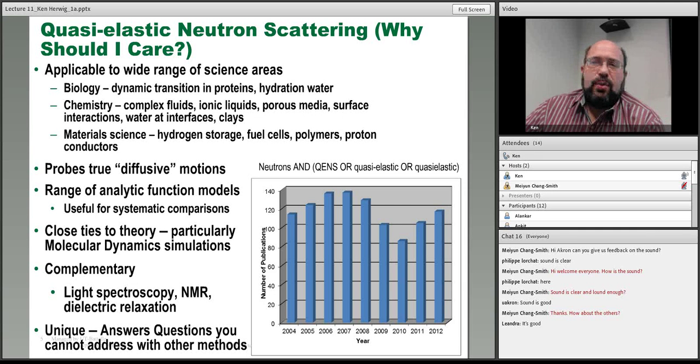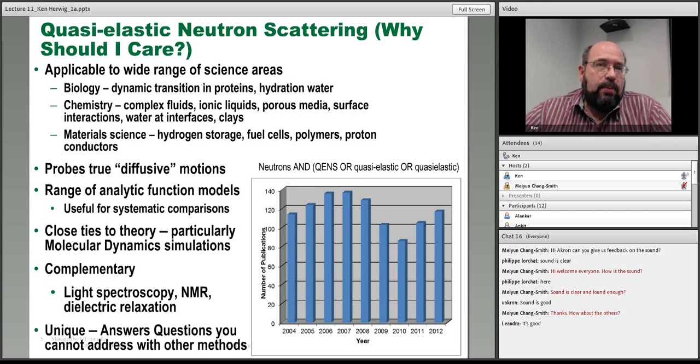For chemistry, you're interested in complex fluids, ionic liquids, water at interfaces and clays, water in porous materials on surfaces, those types of things. In material science, there's a lot of quasi-elastic scattering work done in hydrogen storage, looking at fuel cells, polymer side chains, proton conductors, and even lithium-ion conductors. So there's a lot of application of quasi-elastic scattering.